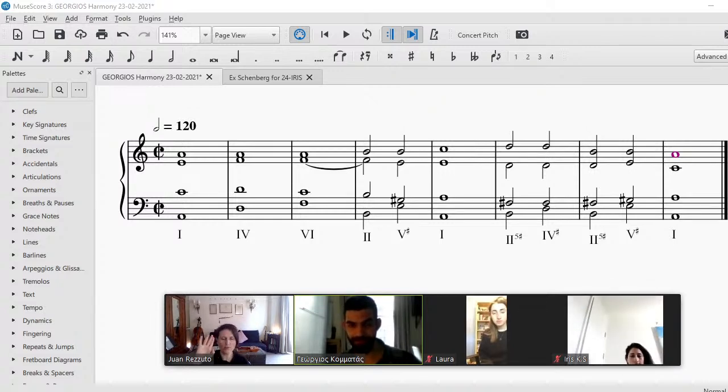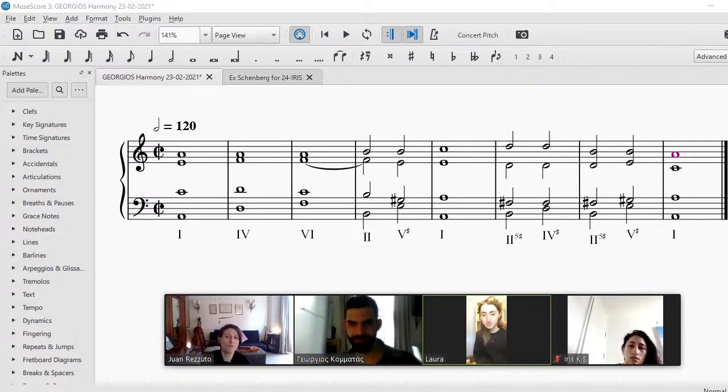Let's go from the obvious thing. Which is a note we cannot omit with the seventh chords? Laura. I was going to say the third again, but well, the third, yeah, but start from the beginning.